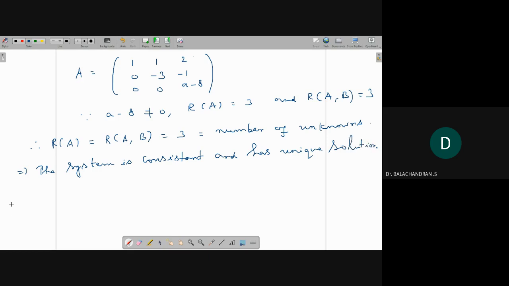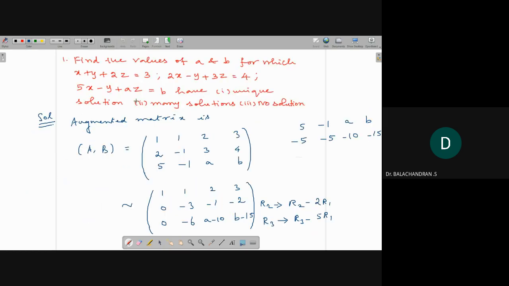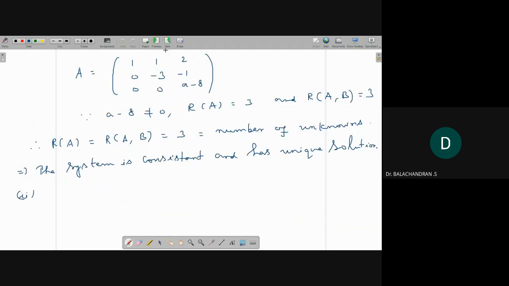Subdivision 2. What is subdivision 2 in the question? Many solutions.